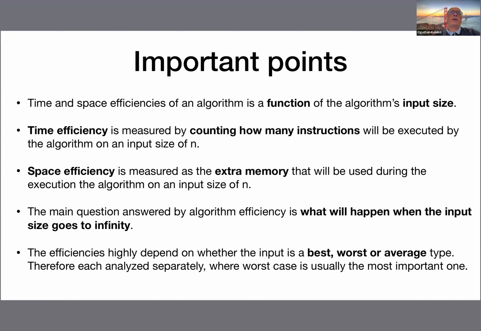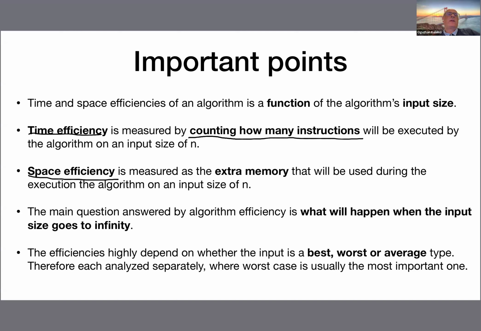What else? We have time efficiency. To measure the time efficiency of an algorithm, I will just count the number of instructions that will be executed. Since the algorithm is provided as pseudocode, I can see the line-by-line instructions, and I will assume that all those instructions take an equal amount of time. Why? Because I'm assuming a hypothetical RAM machine on which all operations have the same execution time.